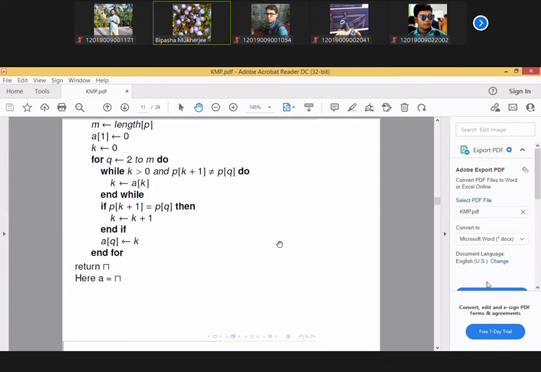The main thing is that if you need to find a particular pattern, whether that is present or not, you have the normal approach of direct checking step by step, and it will take a huge amount of time. But if you follow this one, this will become a linear order algorithm.